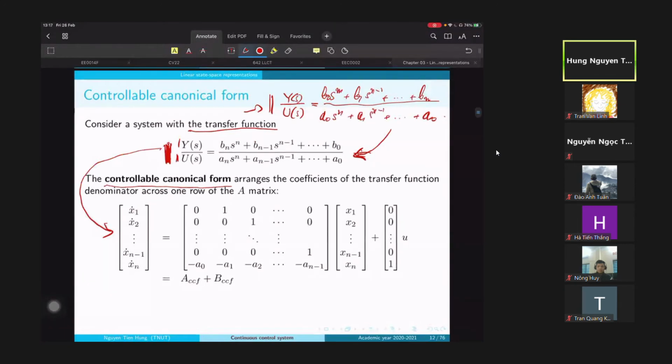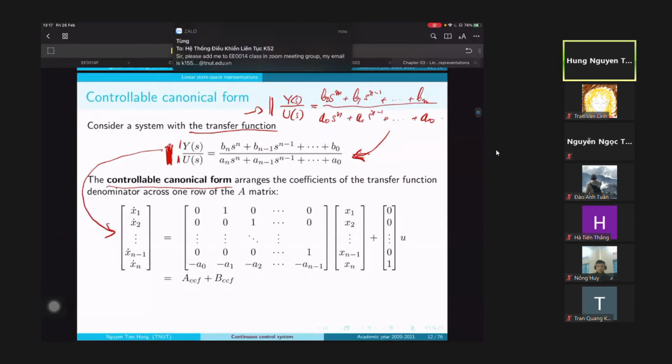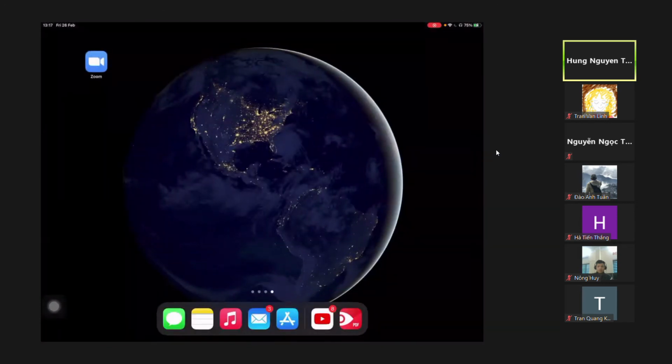So we have x dot equals... Someone asked me to do some action.